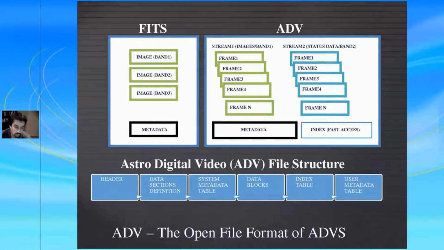We also wanted to create a file format which will store some extra metadata to do with the images being stored. And we were influenced a lot by the FITS file format, which is pretty much a file format for storing individual images with extra information, such as the coordinates of the object being observed and other information.